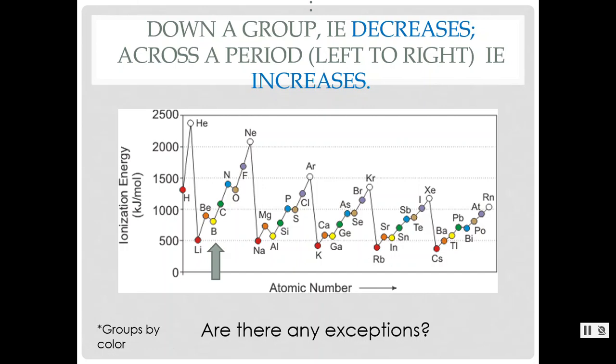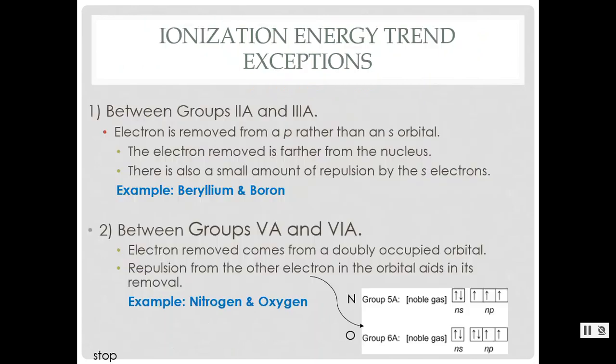So when going between groups 2 and 3, it's shown here, but also with magnesium and aluminum, it should increase, but it actually decreases. The second exception is when going from nitrogen to oxygen, so going from 5 to 6. So why do those exceptions occur?